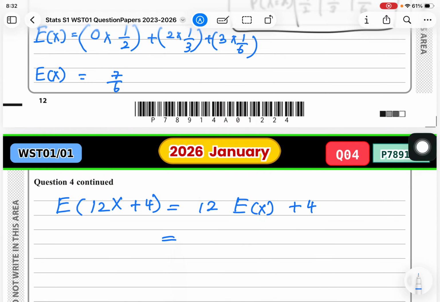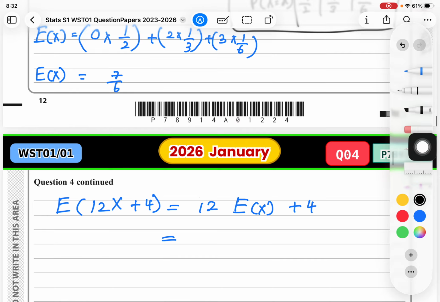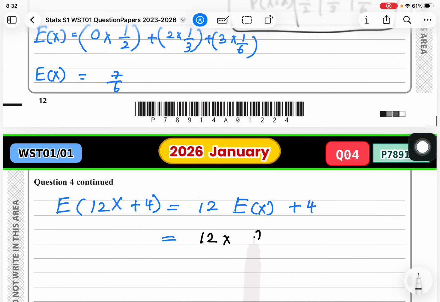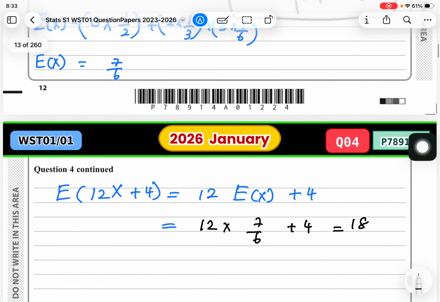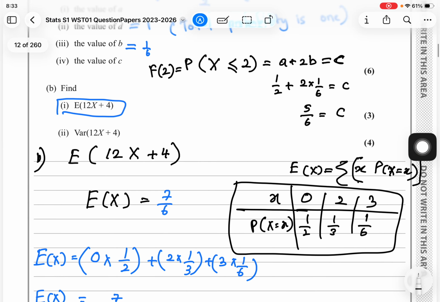So it's going to be 12 times 7 over 6 plus 4. This would be our answer, which is 18. That's the expected value.